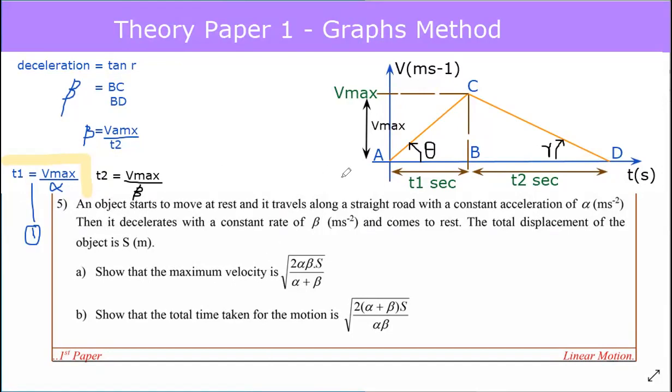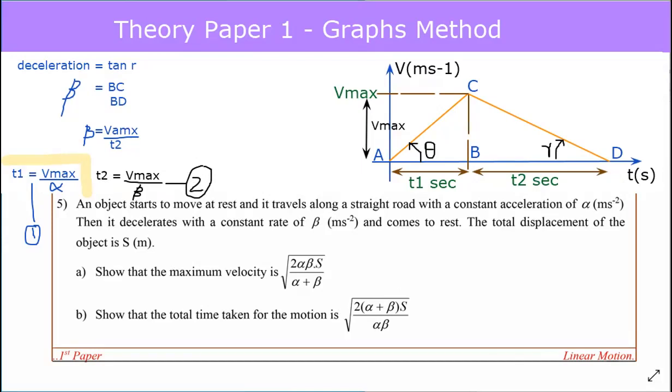Right, so we have expressions for T1 and T2. Yes, dear, I forgot to mark this as our second equation. I'll mark it. Now you're happy, right? So we have equations 1 and 2. The first equation gives us the expression for T1. The second one gives us the expression for T2.